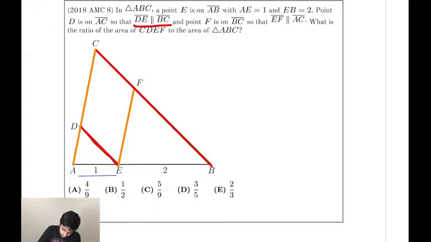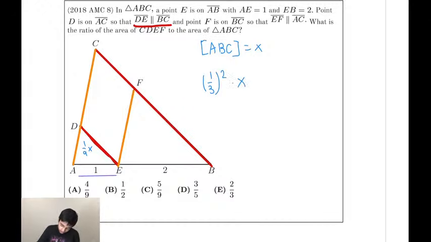So let's say the area of ABC, the whole triangle, is equal to x. The area of ADE is just going to be 1/3 squared times x, or 1/9 x, because again, the area ratio is the ratio squared.